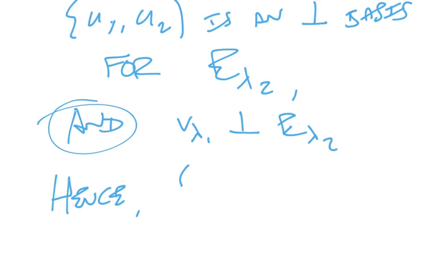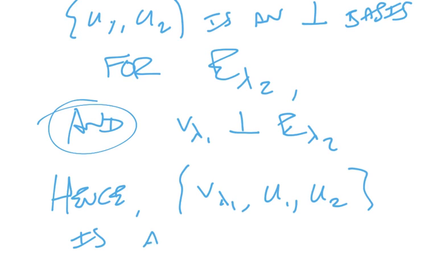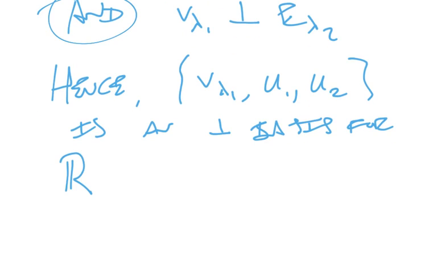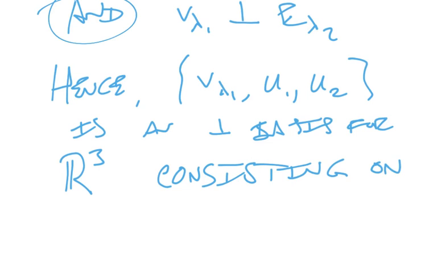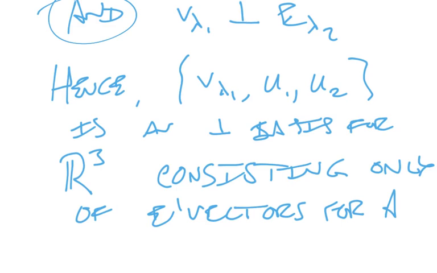Right, so summing this up, the basis v lambda 1, u1, u2 is now an orthogonal basis for R3, and, moreover, consisting only of eigenvectors for A. All right, this is pretty incredible.